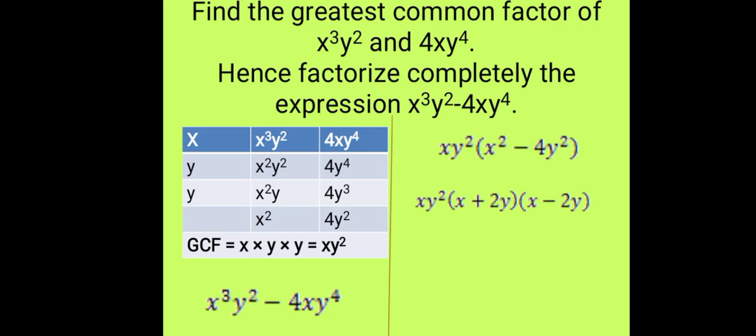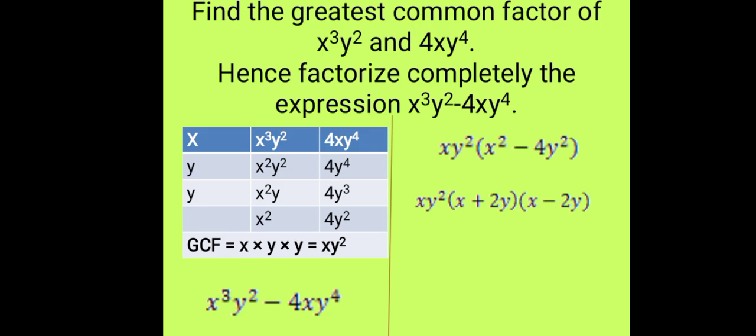Now we have been directed to use that common factor in completely factorizing the expression x cubed y squared minus 4xy to the power of 4.